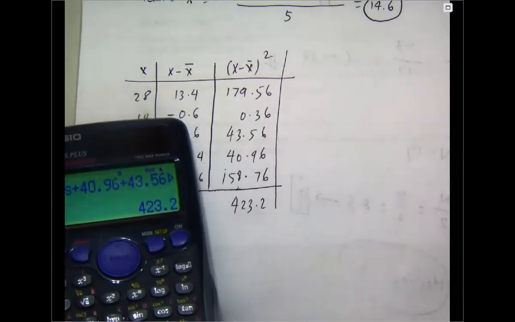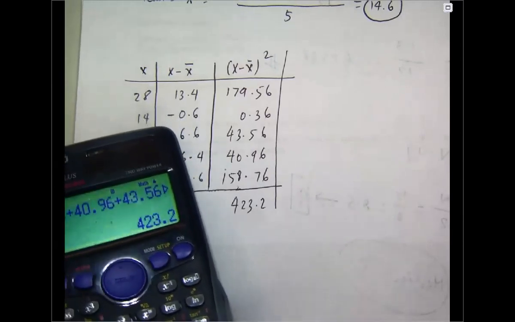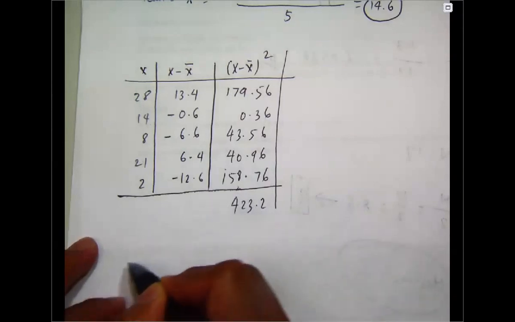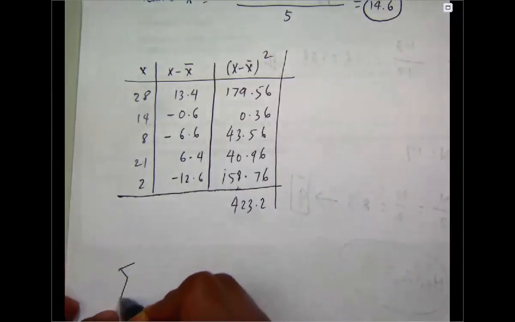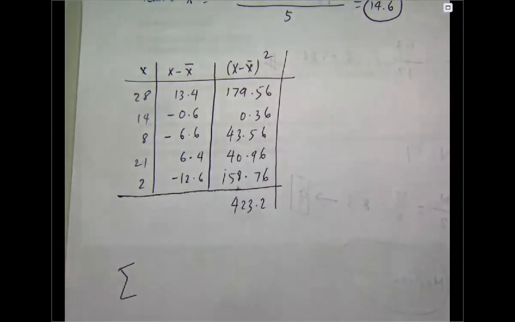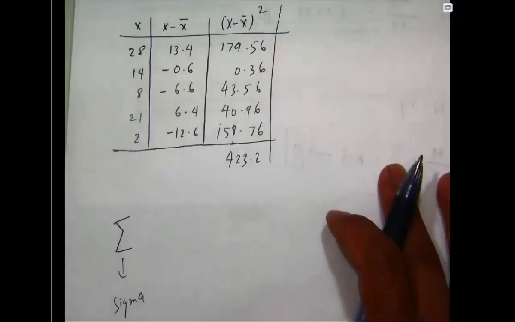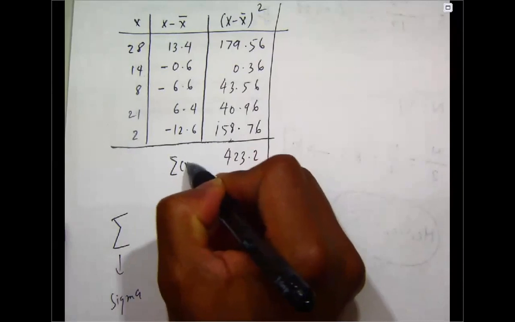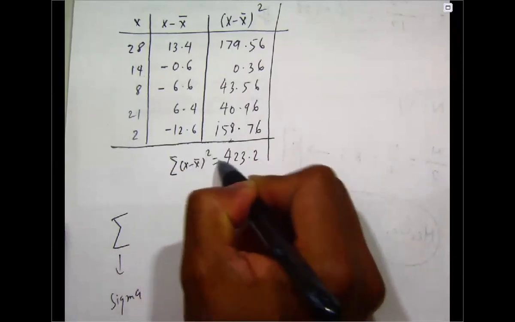Make sense? Yes? Okay, sometimes we might use this notation for addition. This is called sigma notation. It means add the values you have given. So for this one, I can also write sigma of x minus x bar squared.